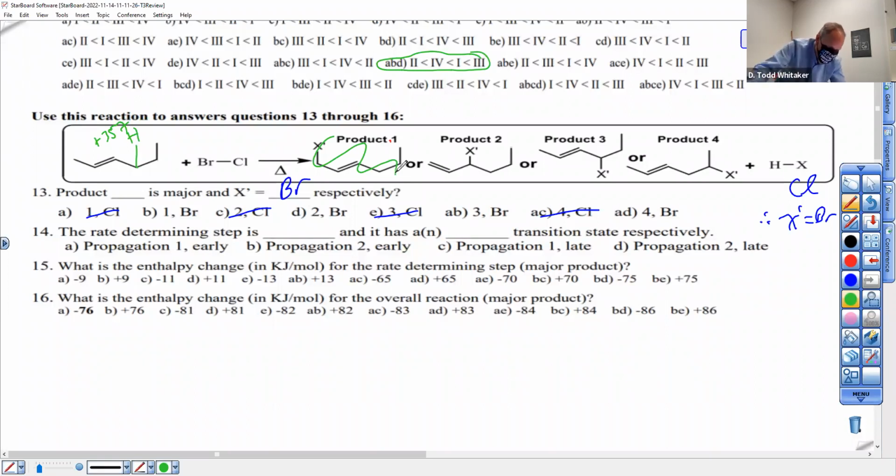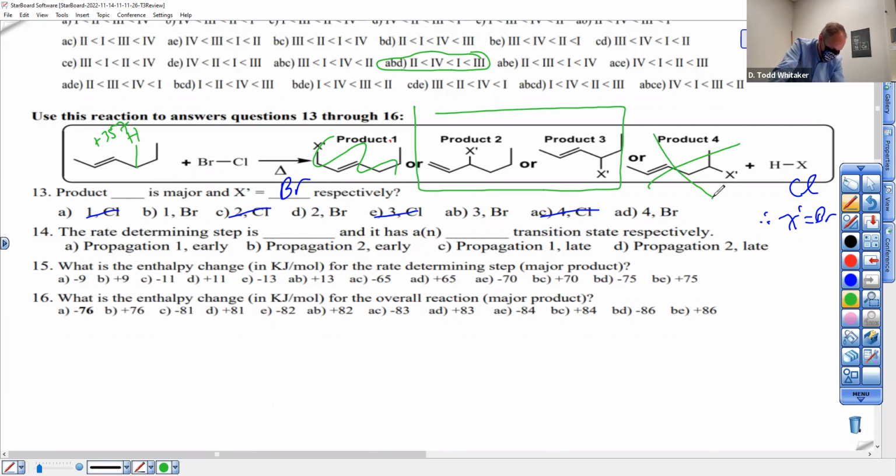That H, there's only one H on that carbon here. There's 2 H's now; getting rid of 1 leaves 1. Product 3 is also, we're down to these 2. Forget about that. Question 3, which HX forms first? Fastest.